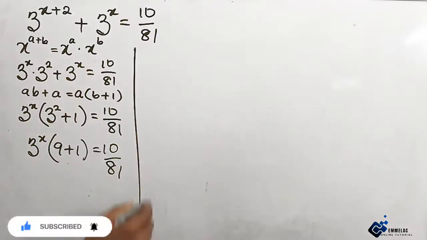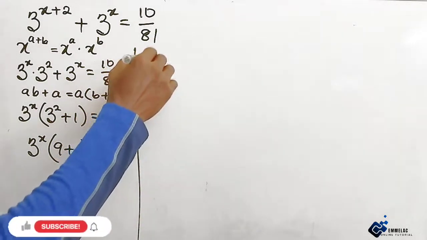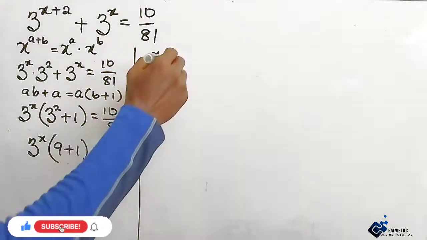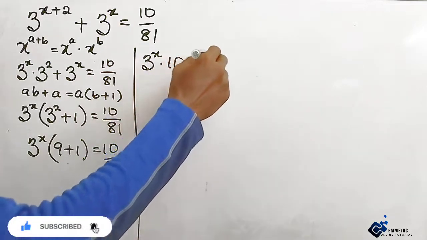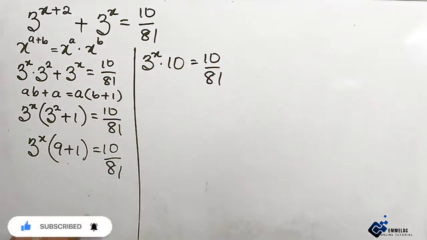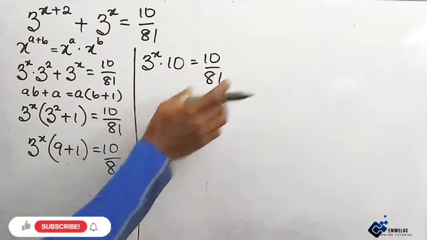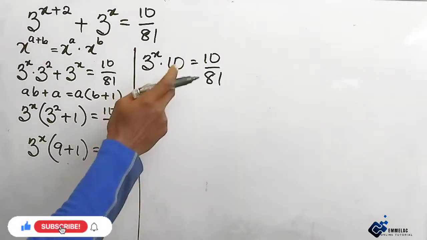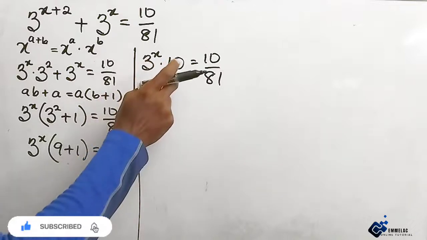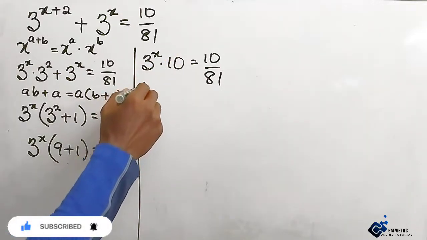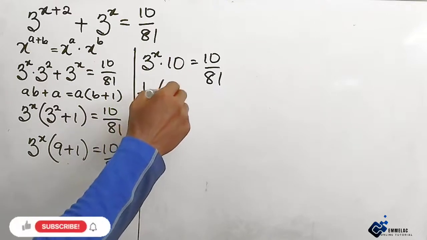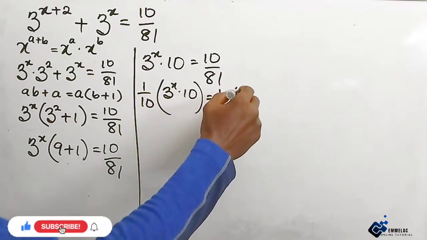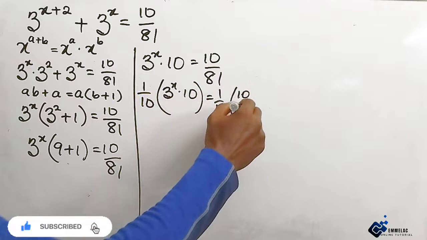Moving further, this is 3 raised to the power x times whatever is in the bracket, which is 10, equals 10 over 81. Now let us multiply through by the reciprocal of 10, which is 1 over 10. So 1 over 10 into 3 to the x times 10 equals 1 over 10 times 10 over 81.